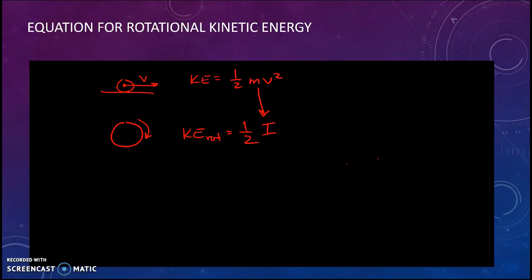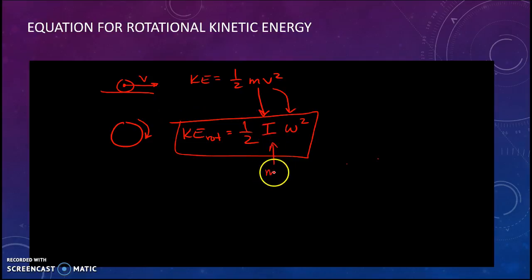So the rotational kinetic energy would be 1/2 the moment of inertia, and instead of velocity, we use angular velocity, omega squared. So this is the equation for the rotational kinetic energy, where I is our moment of inertia, and omega is the angular velocity in radians per second.